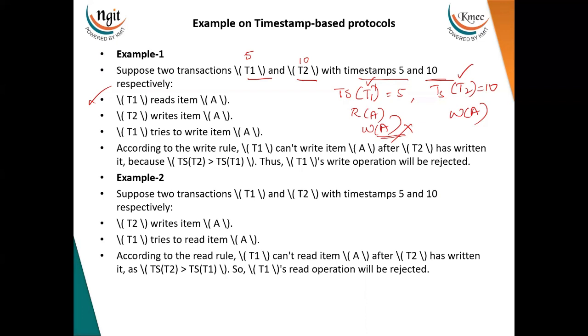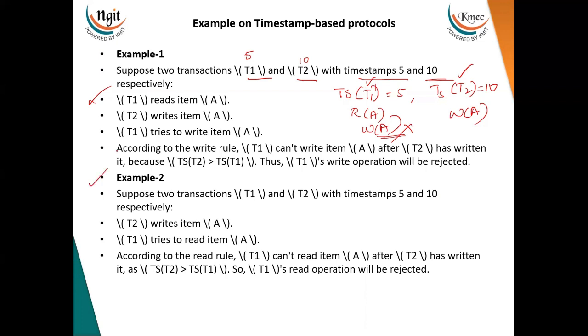As we have learned in the previous slide, if the transaction fails to follow the read or write rules defined by the database management system, the operations made by those transactions must be rolled back and the transaction has to restart again. Thereby, it ensures the serializability concept.